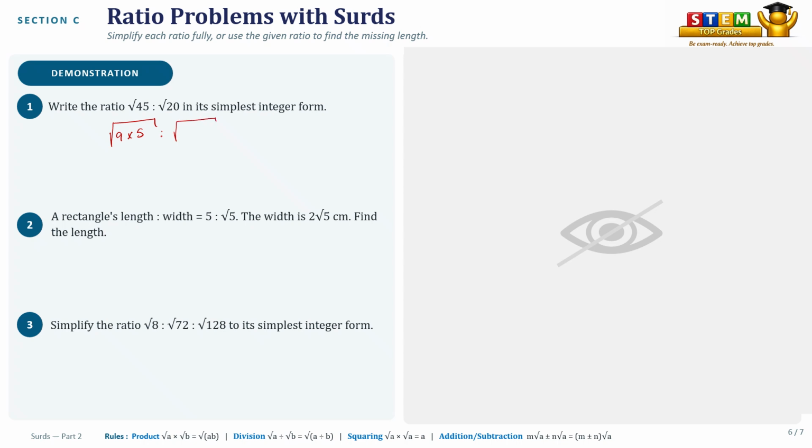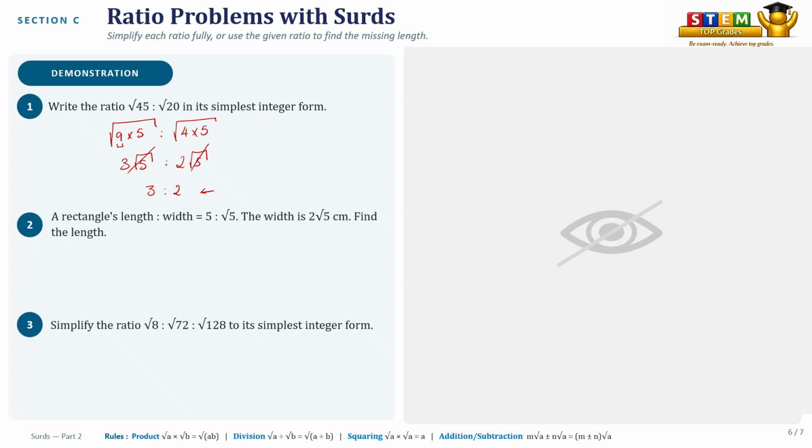Then you get 4 times 5 for 20, and square root of 9 is 3, root 5. You get here 2 root 5. We cancel out the 5s, and we end up with the ratio of 3 to 2, and that's our answer.